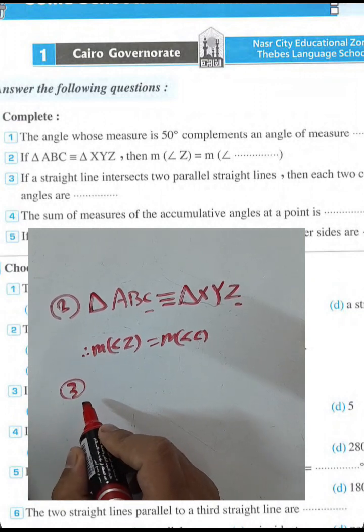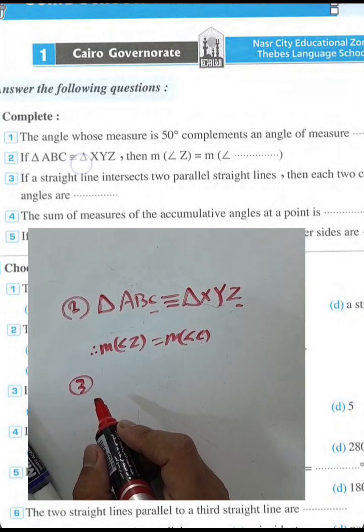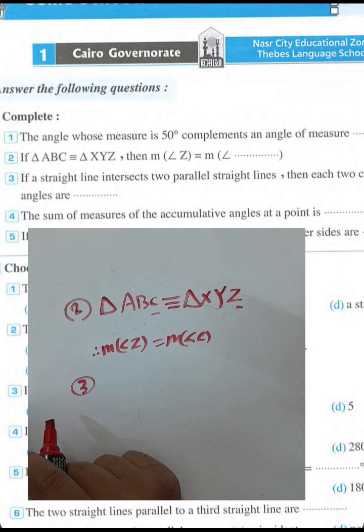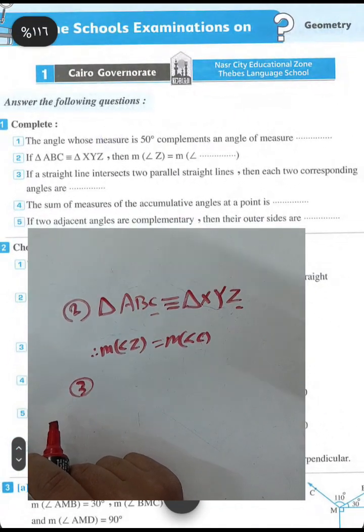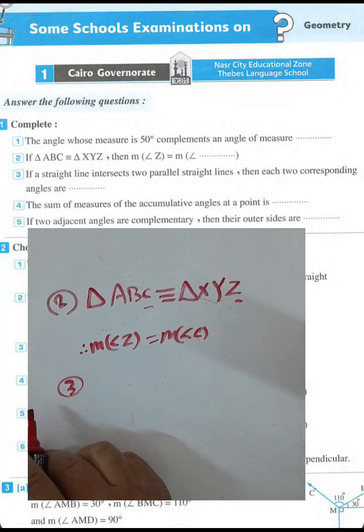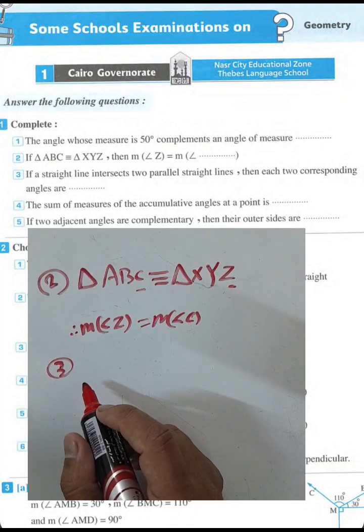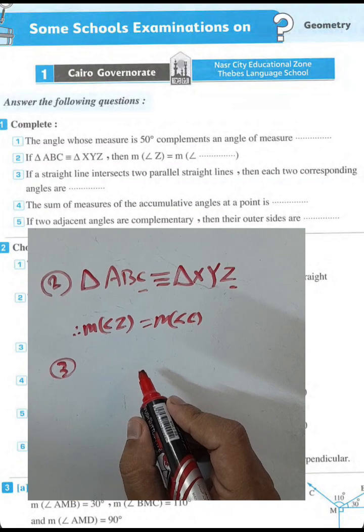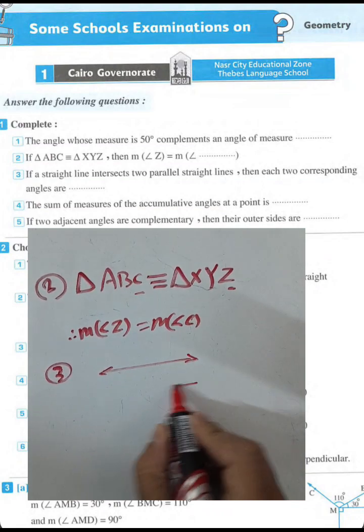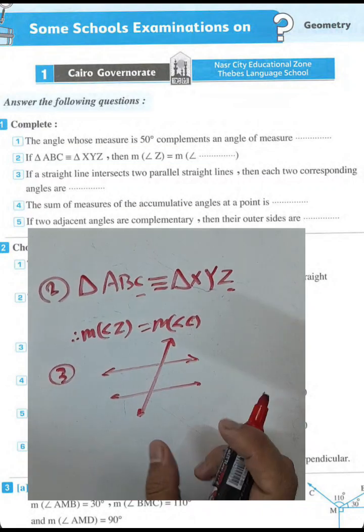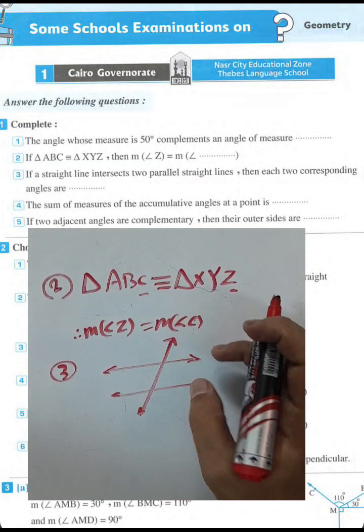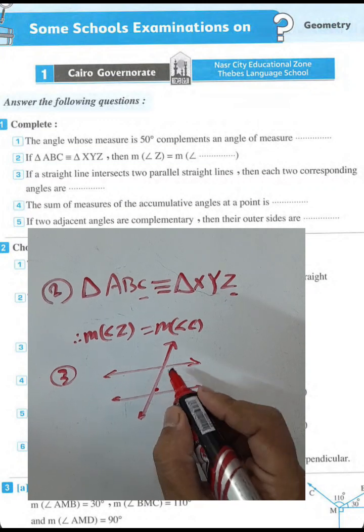Question number three. If a straight line intersects two parallel straight lines, then each two corresponding angles are equal in measure. Look at question number three. Again, we have a straight line intersecting two parallel straight lines at two points, this point and this point.